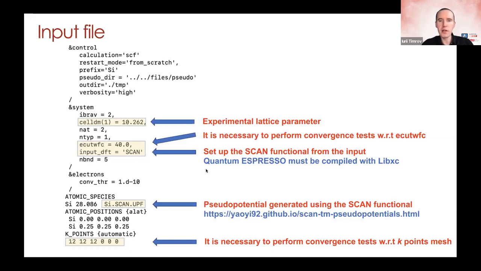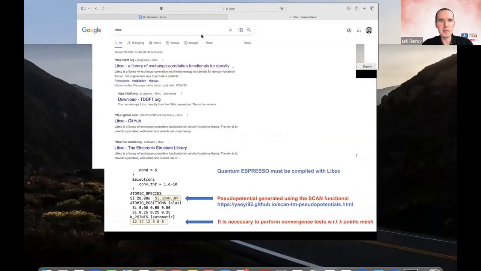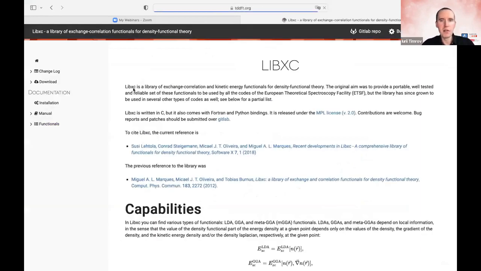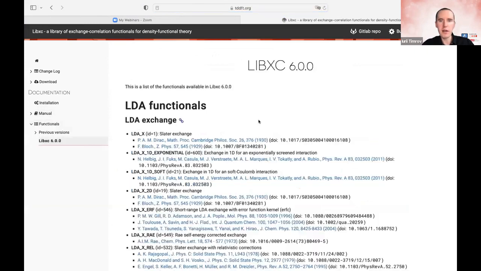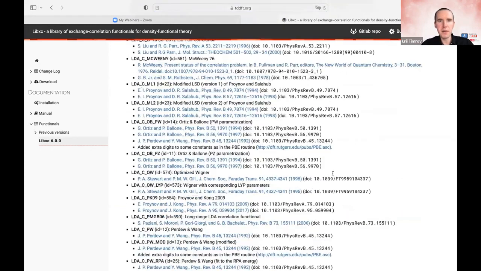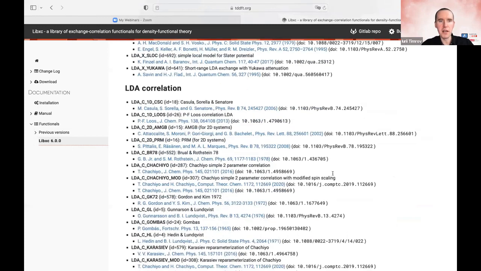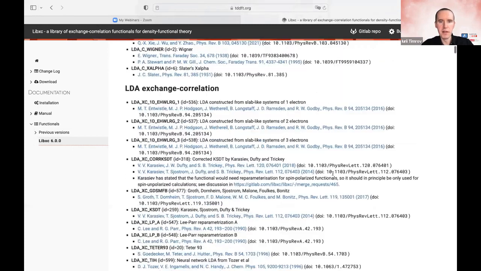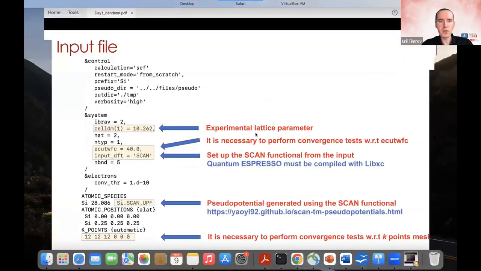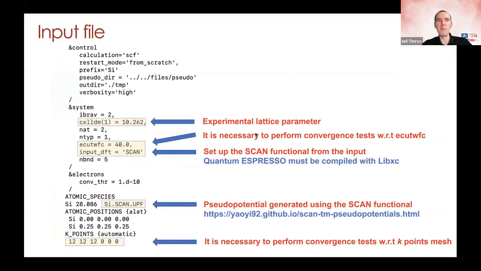So let me quickly show you what that is. If you search Libxc in Google, you find this link, you press on it, you go to functionals, and here you have a list of many functionals like LDA, LDA exchange, LDA correlation, and so on. It's really a long list. So we took that library and we compiled Quantum ESPRESSO using it.